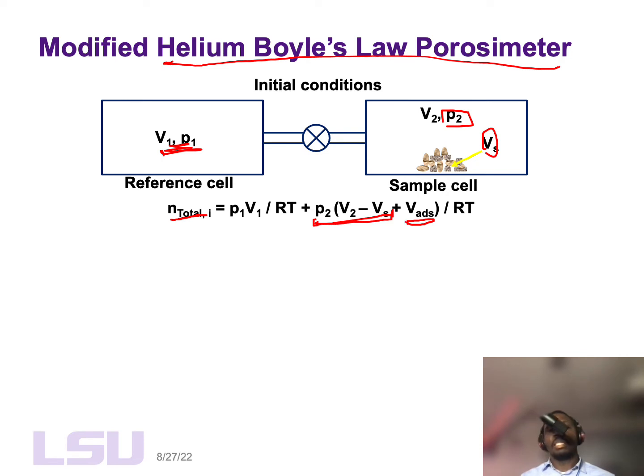Now we are saying, in addition to the fact that the gas can be stored in the space outside of the crushed sample plus in the space within the pores, so the pore volume within the sample, there is also the potential to store gas in the sorbed state on the pore walls of the internal surfaces of this crushed sample. And that volume that will be adsorbed is VADS, shown here.